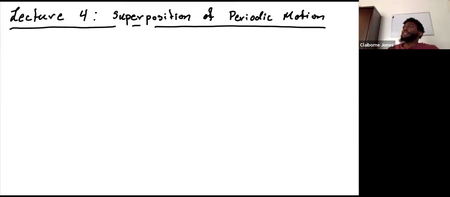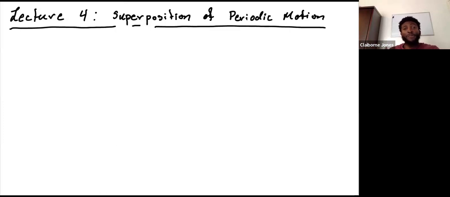I'm only mentioning all of this because now we almost have the tools to describe exactly what happens whenever two disturbances, two waves, occur. Remember, I told you at the beginning of the semester that sound is a wave. Whenever there are two sounds playing at the same time, what happens?